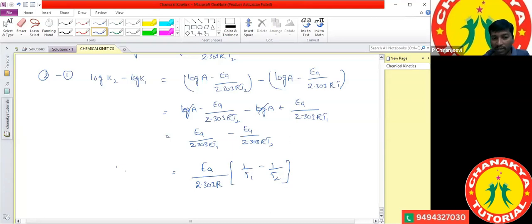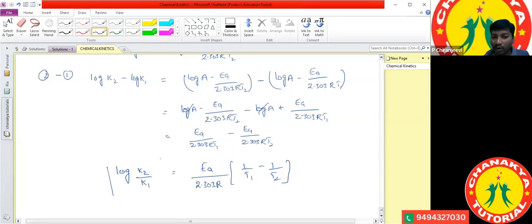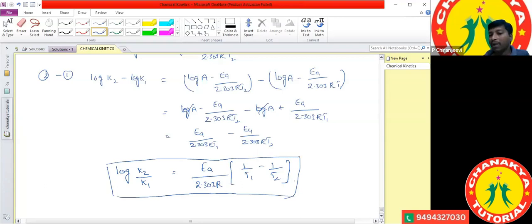And on the left, log k2 minus log k1 is log A minus log B, which we can write as log A by B. So finally, the equation is log of k2 by k1 is equal to Ea by 2.303 R into 1 by T1 minus 1 by T2.